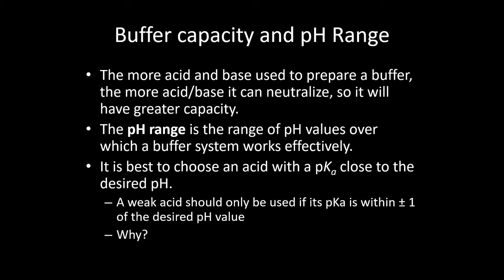The pH range is the range of the pH values over which a buffer system works effectively. What we mean by this is if you want to buffer a solution at a pH of, let's say, 4, you probably don't want to pick ammonia as your base, as your building block essentially for your buffering system, because that wants to buffer in the basic range, not in the acidic range.